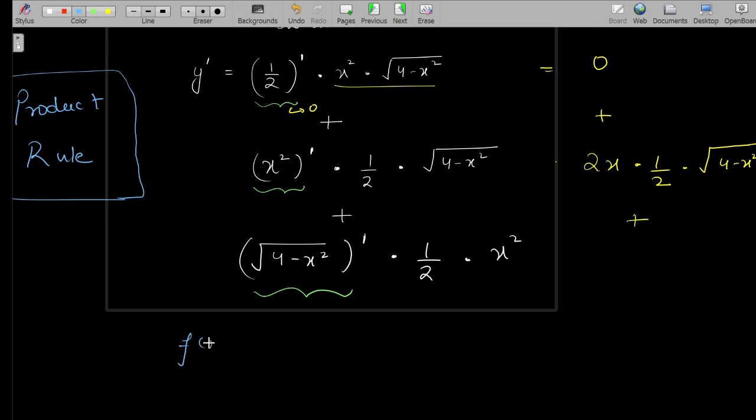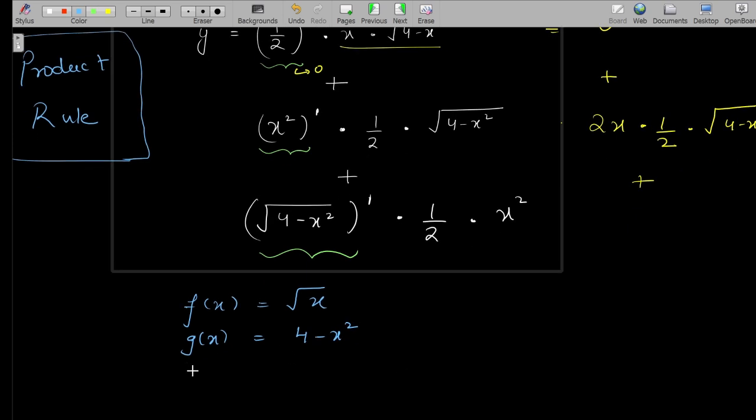Yes, composition. f of x is the square root function and g of x is a quadratic function. First you find the derivative of the outer function. The outer function is the square root function.